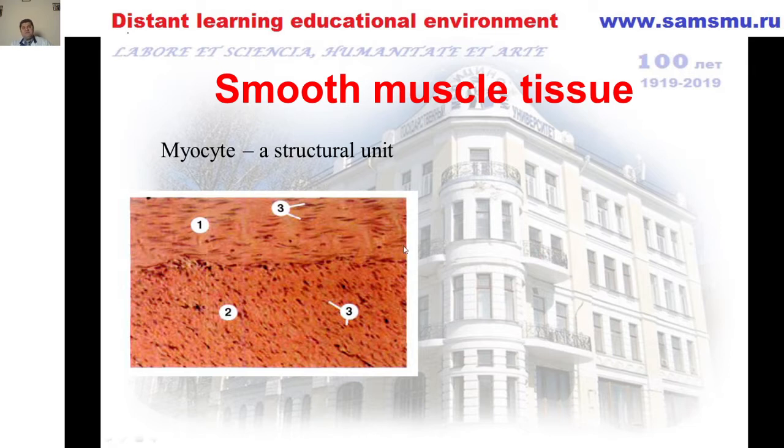Smooth muscle cells, as I told you, will be studied in detail in histology, where we will study internal organs and blood vessels. Directly under the muscular system is understood a set of skeletal muscles which, when contracted, provide locomotion, the movement of the body and its parts in space.